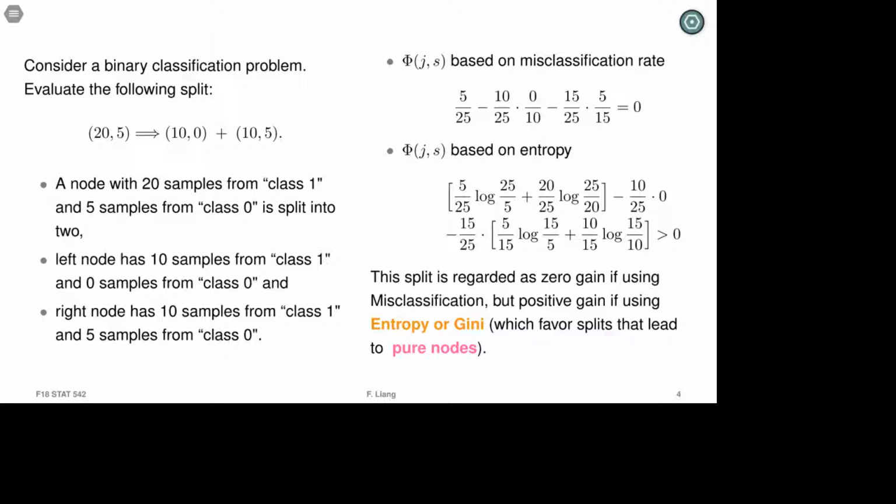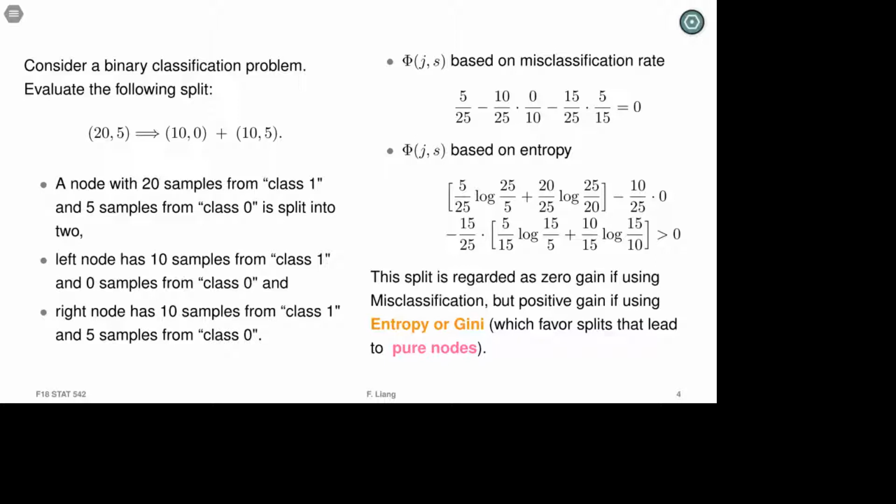Now, if you agree with the calculation for the misclassification rate, now if we use entropy, the first bracket is the entropy for the parent node, right? Because you can think of the parent node as basically a probability distribution over 2 outcomes, and the chance of seeing class 1 is 20 out of 25.